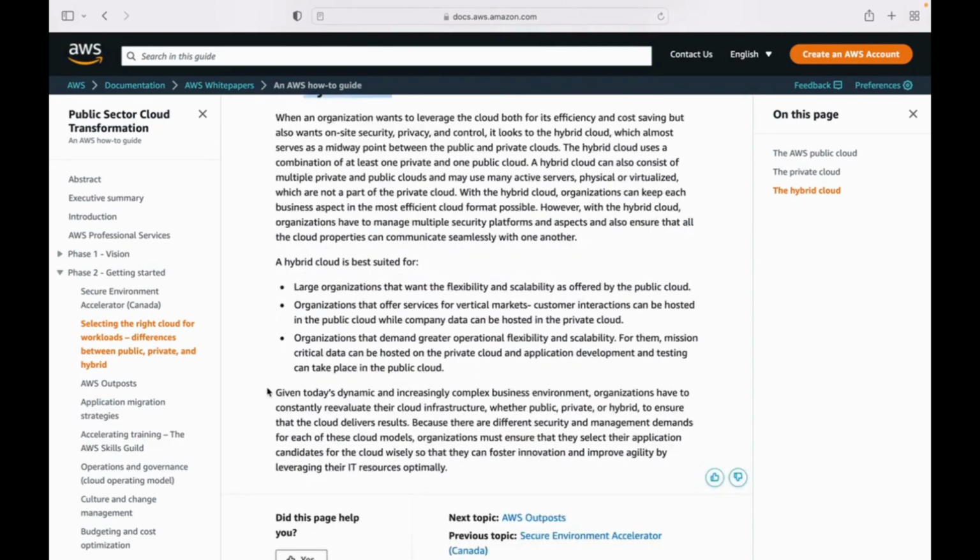Given today's dynamic and increasingly complex business environment, organizations have to constantly reevaluate their infrastructure. As I told you, in terms of cost, public cloud is completely available to anyone over the internet, so it is fairly cheaper than the private cloud model.